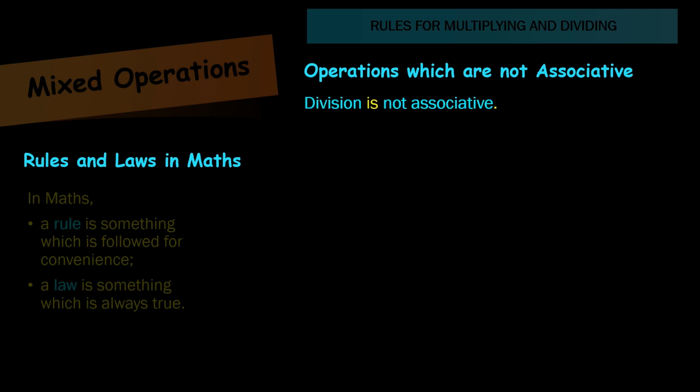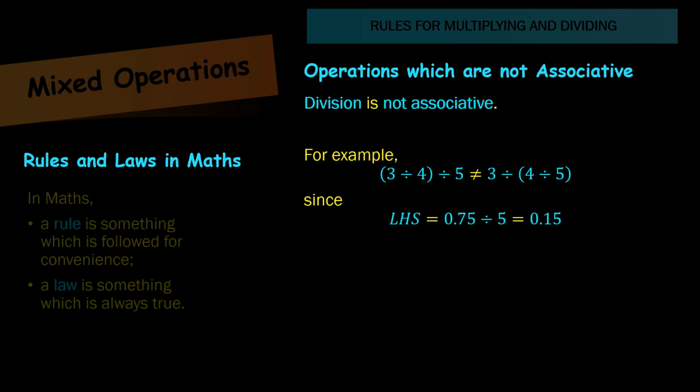We also have that division is not associative. For example, 3 divided by 4 divided by 5 does not equal 3 divided by 4 divided by 5. This is because on the left-hand side, we have 0.75 divided by 5, which is 0.15.